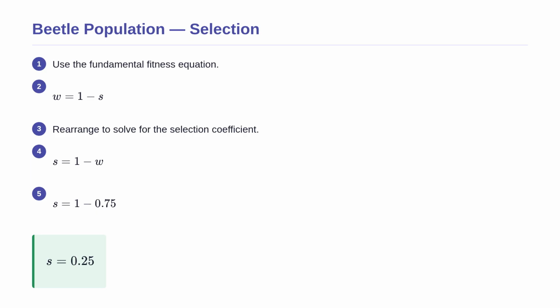Using basic algebra, we rearrange the terms to isolate the selection coefficient, giving us S equals 1 minus W. We then plug in the relative fitness value of 0.75 that we just found. Subtracting this from the maximum possible fitness of 1 reveals a selection coefficient of 0.25. Physically, this means the brown beetles suffer a 25% reproductive disadvantage.